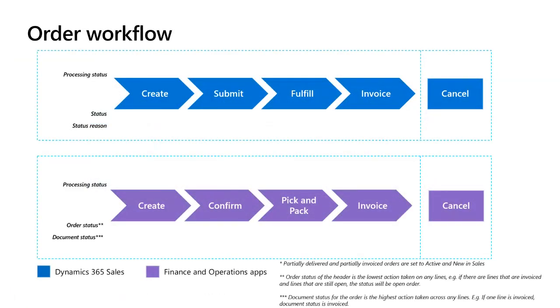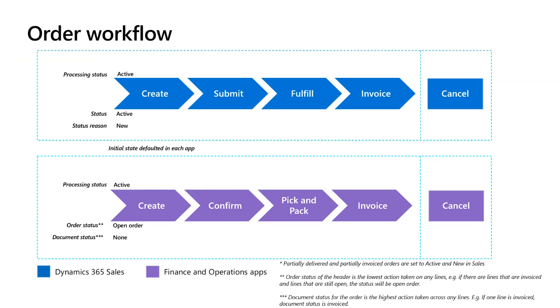And this is what I'll go into now, a little bit about the state changes from an order workflow perspective. So from a workflow perspective, each of the key statuses, more or less, the applications line up with each other, right from the creation of the order through to invoicing, and there is the option to cancel the order as well. So when we create the order in finance and operations, for example, we have these document status and an order status.